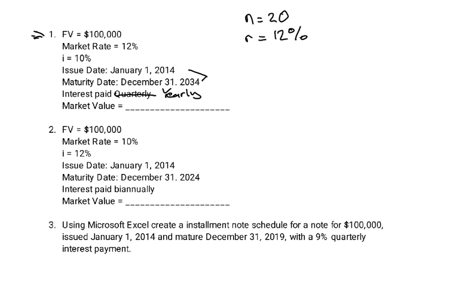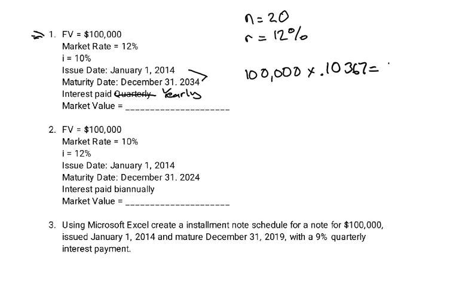So when we go back here, we're going to use 100,000. Multiply that by that present value rate that we have, 0.10367.